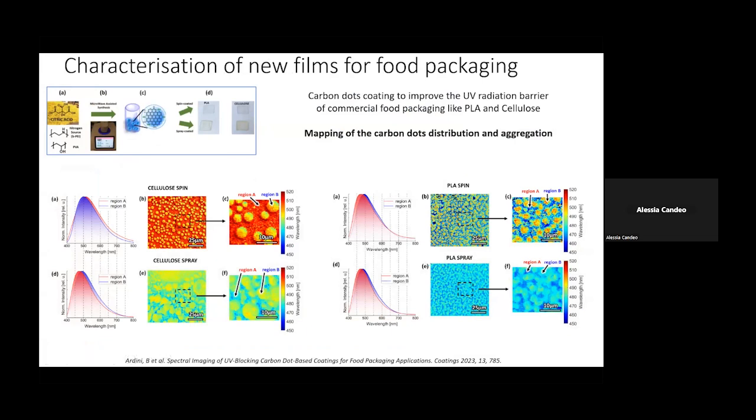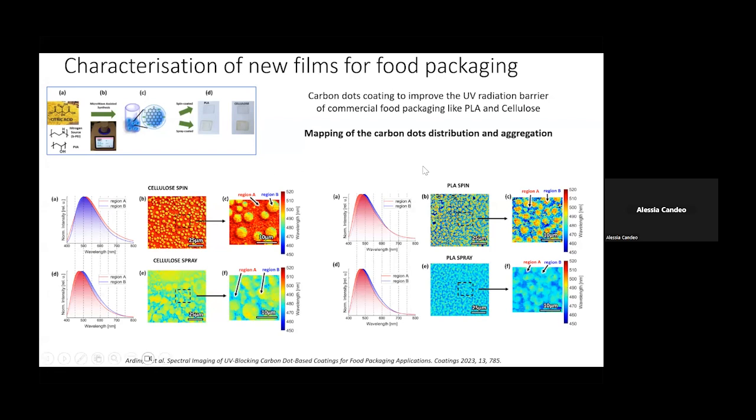We use the system also for the characterization of new films for the food packaging industry. Specifically, in this case, our collaborators provided us with some samples of commercial food packaging that were coated with carbon dots to improve the rejection of UV light arriving to food.